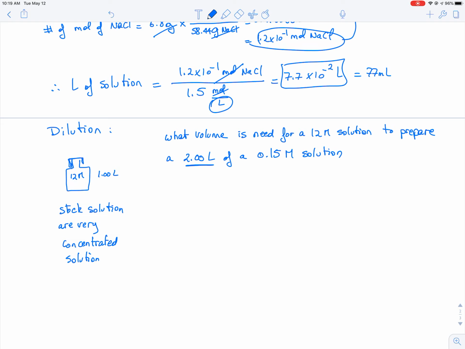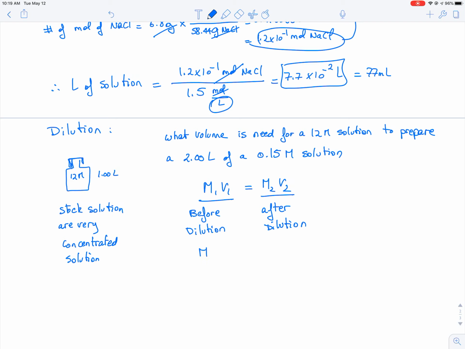Okay, well, here's what you do. To do dilutions, we do M1 V1 equals M2 V2. Usually this is before dilution, and this is after dilution. And I want you to notice something.